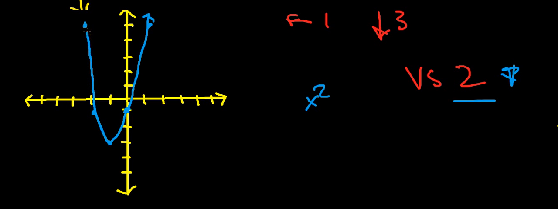And this is the way I like doing it. If you're not comfortable with it, you can make a table. That's perfectly fine. I thought I would just show this way of thinking where you think of it as its base function, and then you almost make a recipe of what to do in order to change it to look like that function, rather than just plugging in points and getting points. Just think of it as x squared and then change it from there.